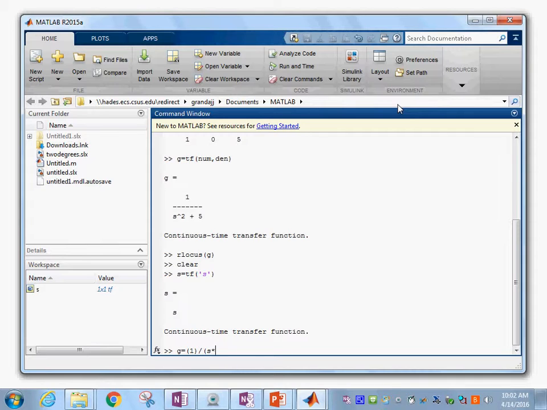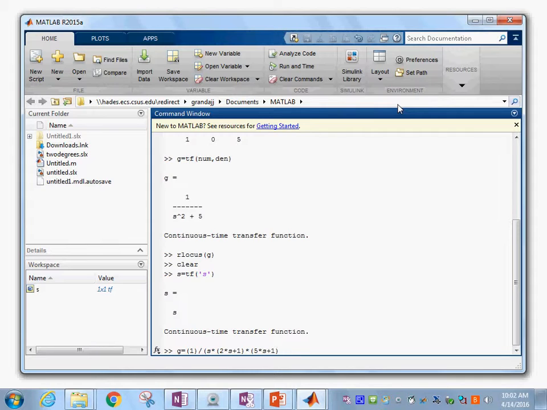S multiplied by 2, computer understands like this, plus 1, right? And what else did I have? I had the 5, and then multiply by S, and then plus 1 was there also? This was the transfer function that we had, right?